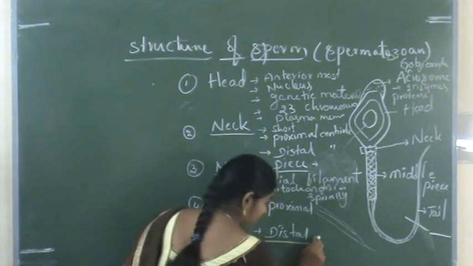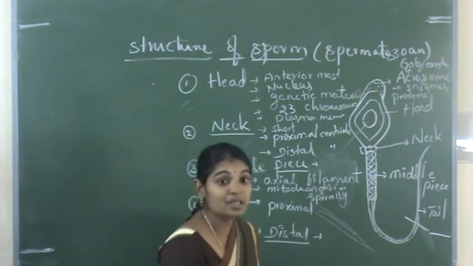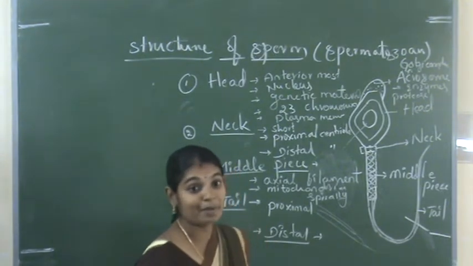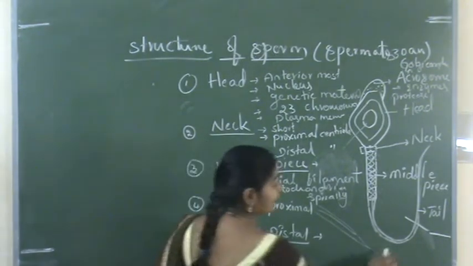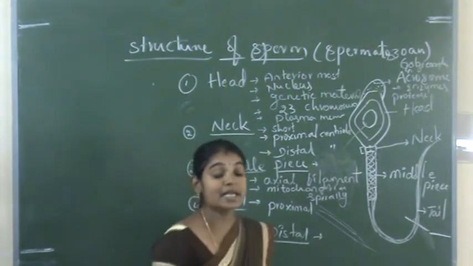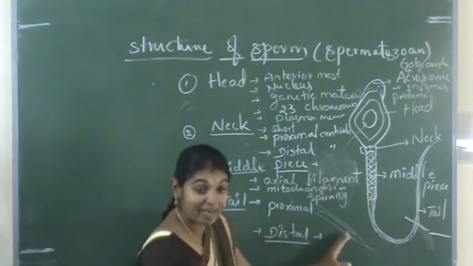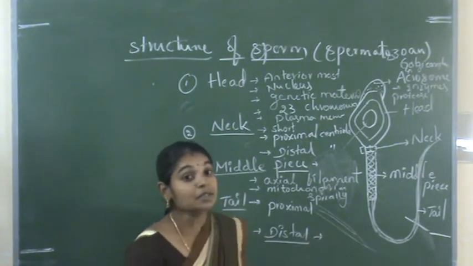And the distal region of the tail does not contain plasma membrane; it only contains the axial filament. That means the axial filament is not covered by the plasma membrane.